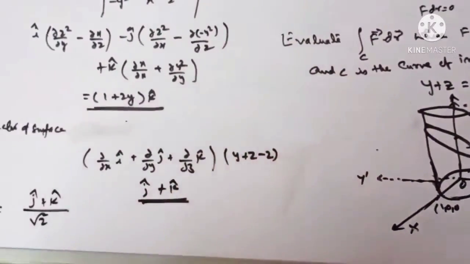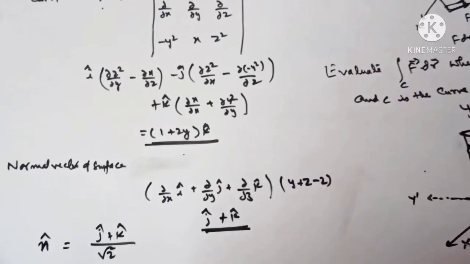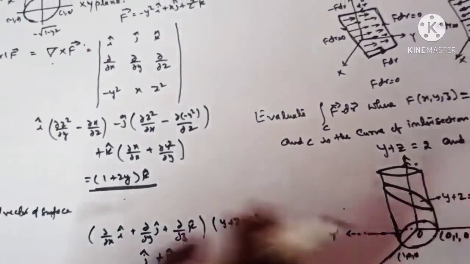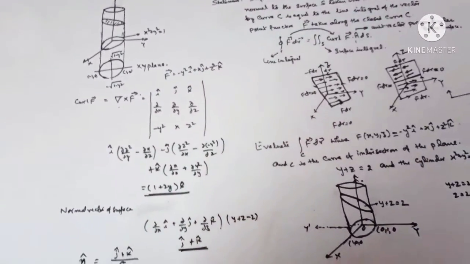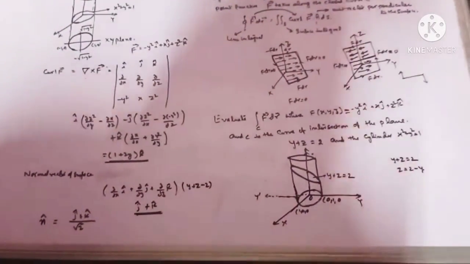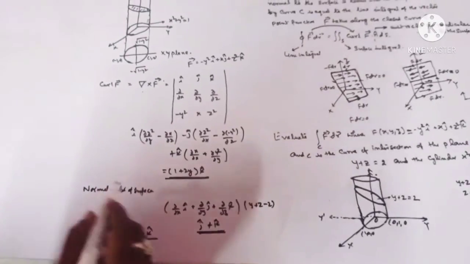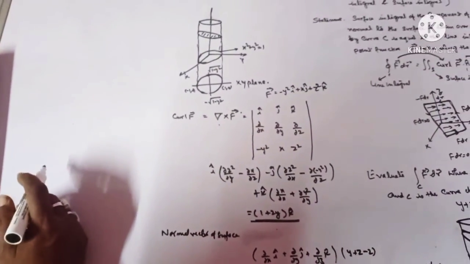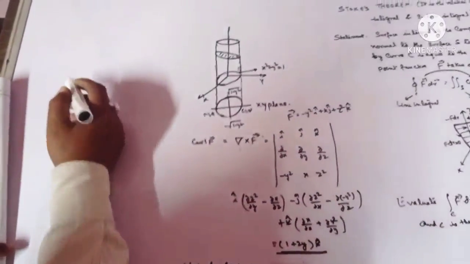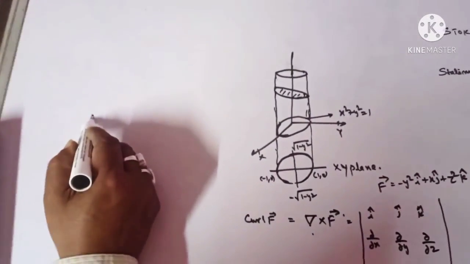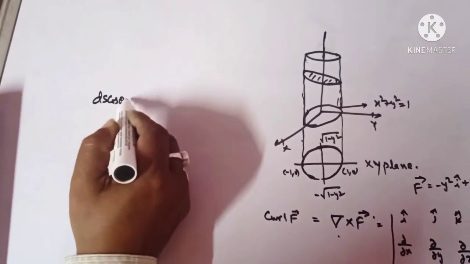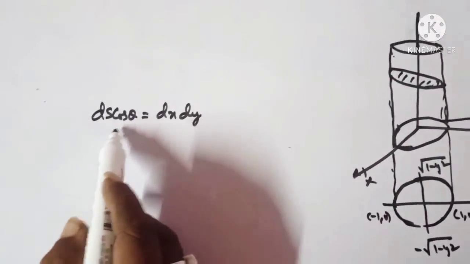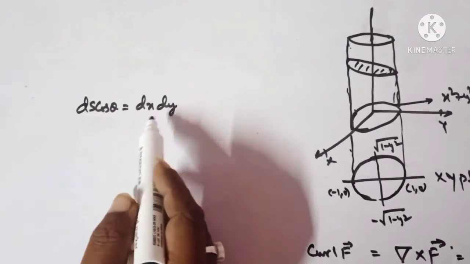Now after doing this, the other thing left with us is ds. Now you know that ds cos theta is equal to dx dy.